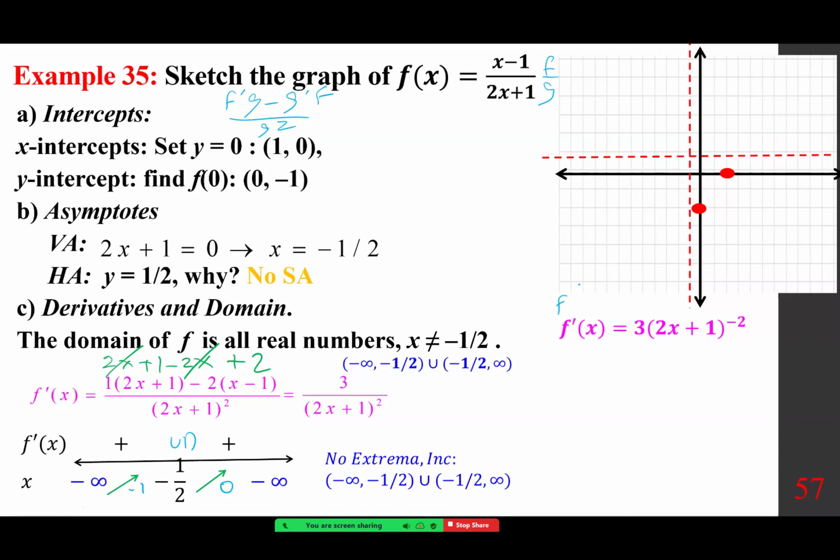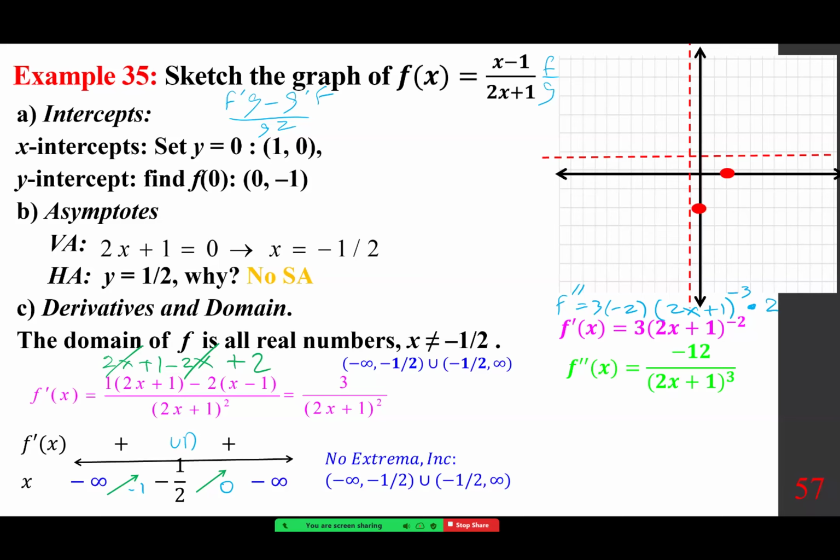I get f double prime is 3 times -2 times 2x plus 1 to the power of -2 minus 1, right? Because you have to go down. And then by the chain rule, the derivative of 2x plus 1, which is 2, and it makes it -12 over 2x plus 1 cubed.